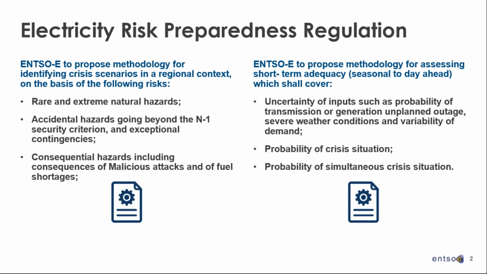And the seasonal and short-term adequacy should cover the uncertainties of inputs such as probability of transmission or generation unplanned outage, probability of crisis situation, and probability of simultaneous crisis situation.